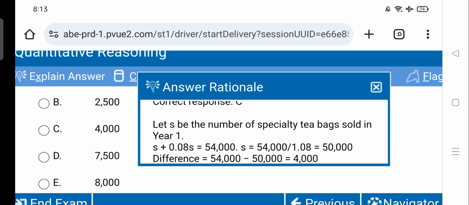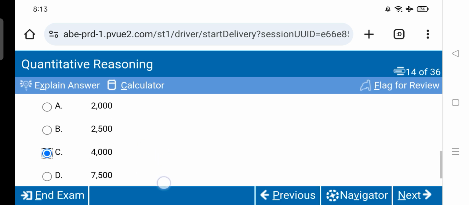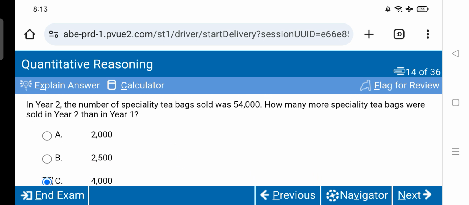Difference equals 54,000 minus 50,000 equals 4,000. So the correct response is option C, which is 4,000. This is how many more specialty tea bags were sold in year 2 than in year 1.